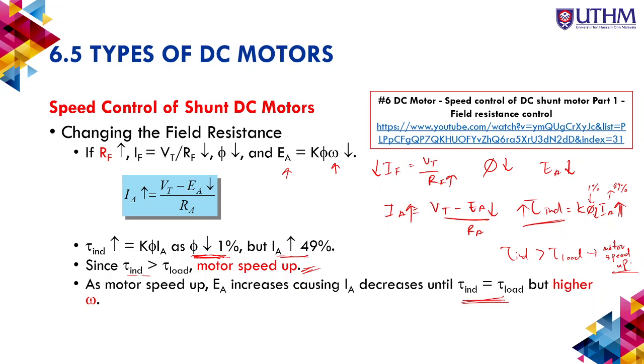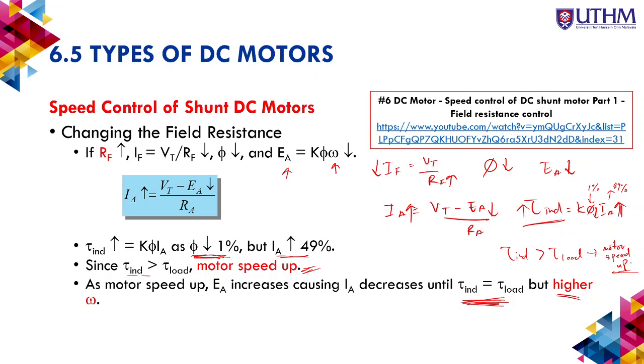I really hope that you can understand. However, in this case, even though the torque is similar, it is at a higher speed compared to before you changed the RF. So this is how to change the motor speed.